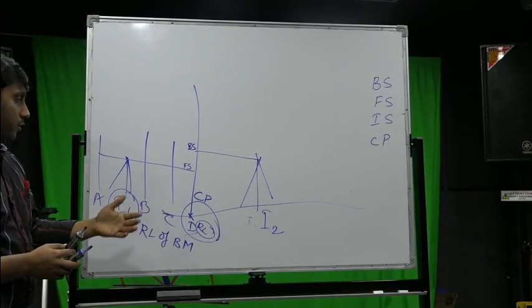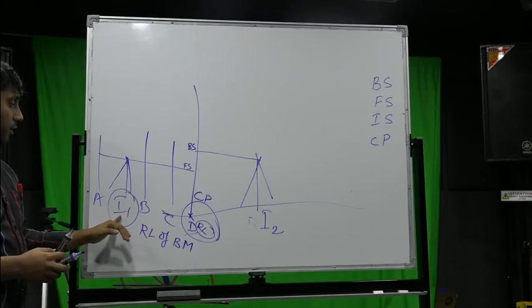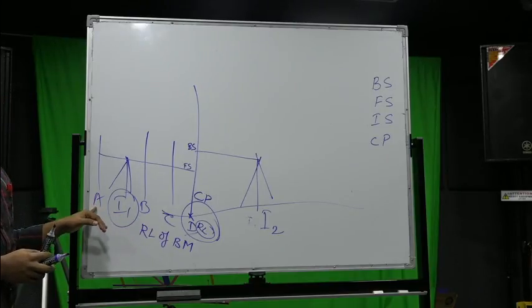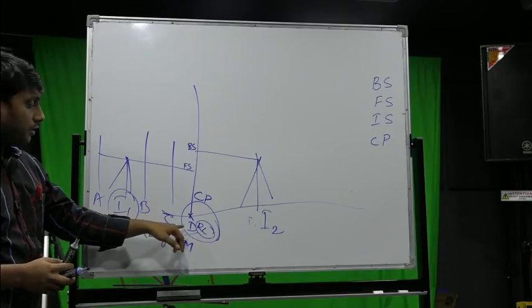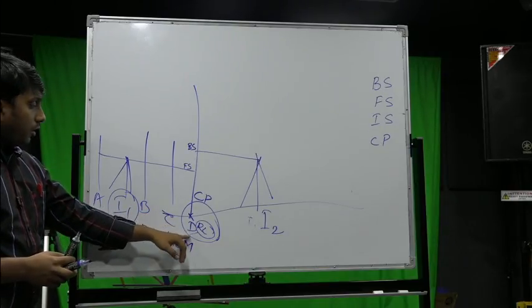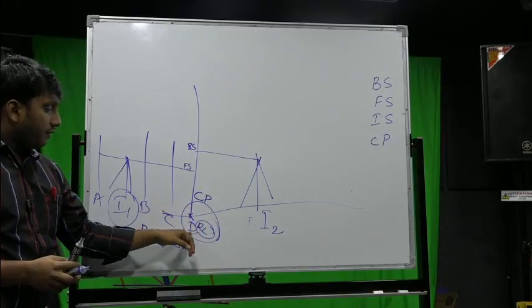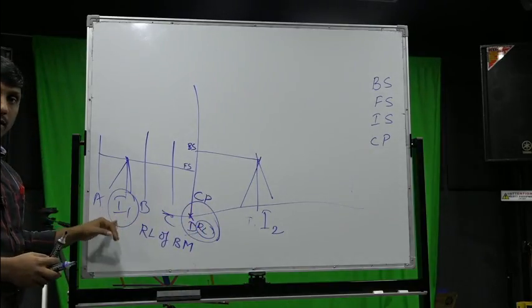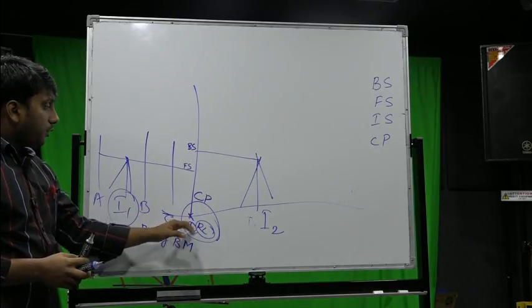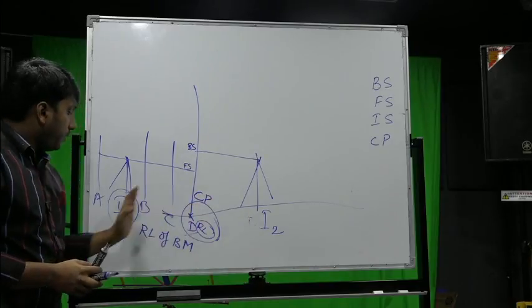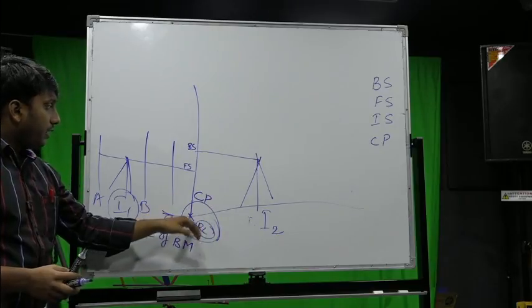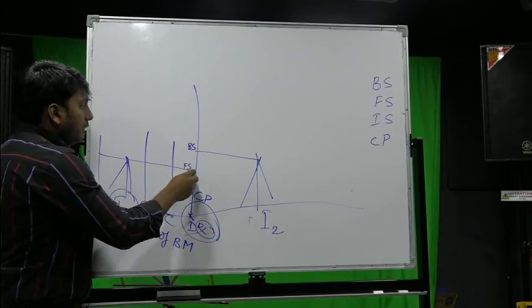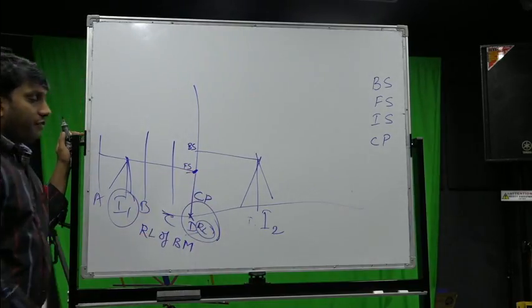I will just brief you on that. When you are seeing from instrument 1, you have taken backside at A, B intermediate sight, C intermediate sight and D. You are not able to see the next station after D from this instrument. In this condition, you need to change the instrument from I1 to I2. Before changing the instrument, the staff reading taken on D is written as foresight.